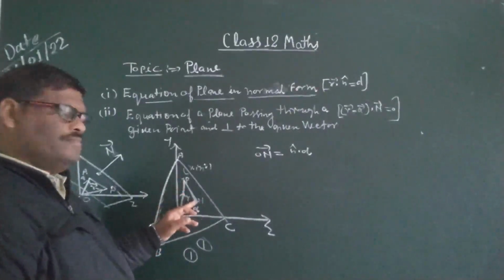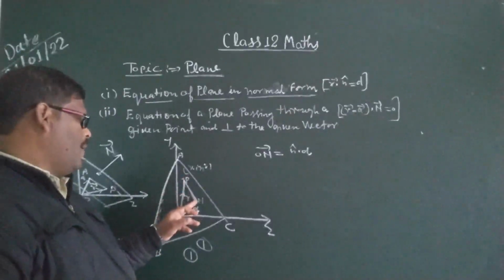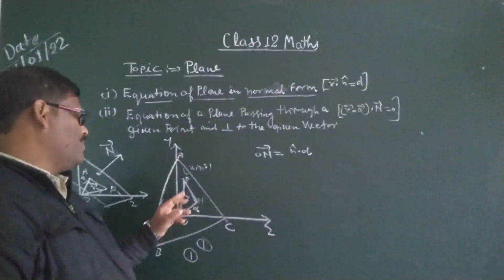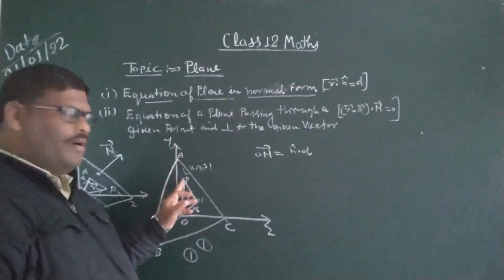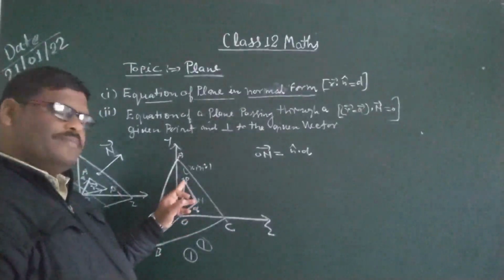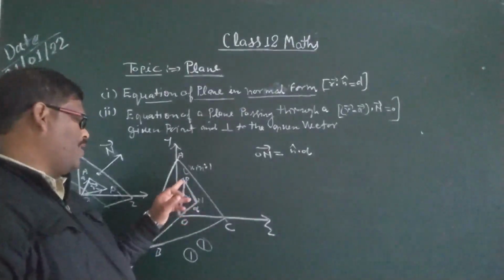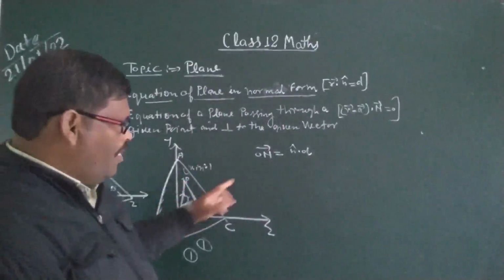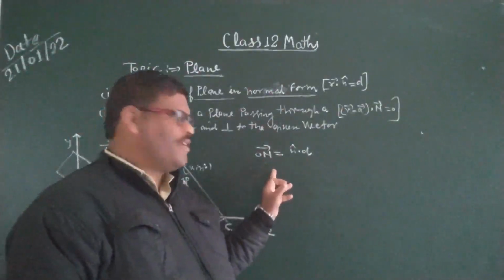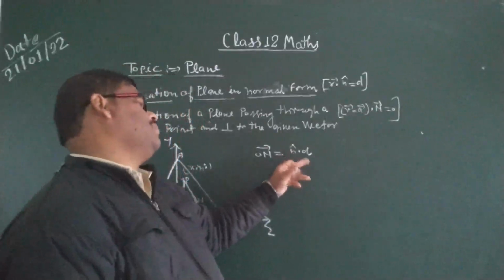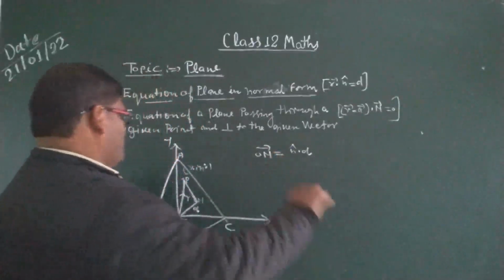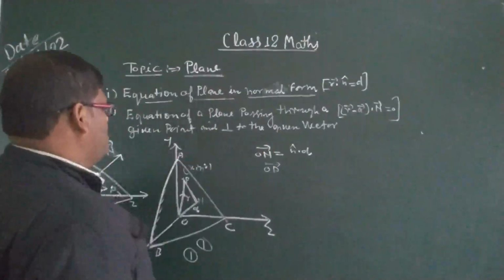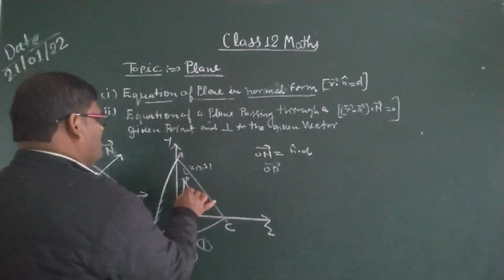Therefore, what is PN? PN is the position vector of the point N minus the position vector of the point P. But vector NP is the position vector of the point P minus the position vector of the point N. Pay attention here. Position vector of the point N is n cap d. Now find the position vector of the point P, that is variable vector r.